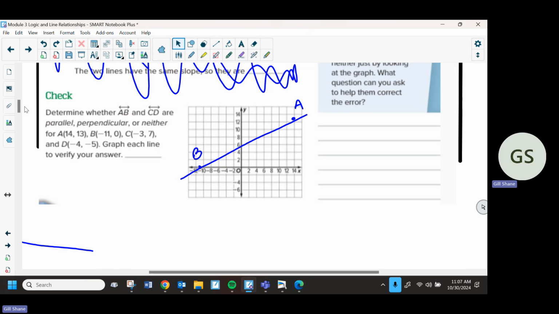Negative divided by negative is positive. Remember that. So if you multiply two slopes together and you get -1, then they're perpendicular. Always. Once you have the two slopes, just multiply them together.